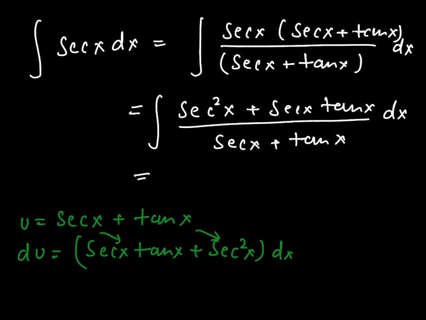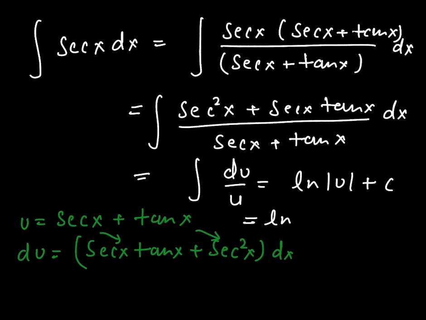So this expression is going to be the integral of du divided by u. So that equals ln modulus of u plus c, where c is a constant of integration. So by plugging in the value of u, we would have ln modulus of secant of x plus tangent of x plus c.